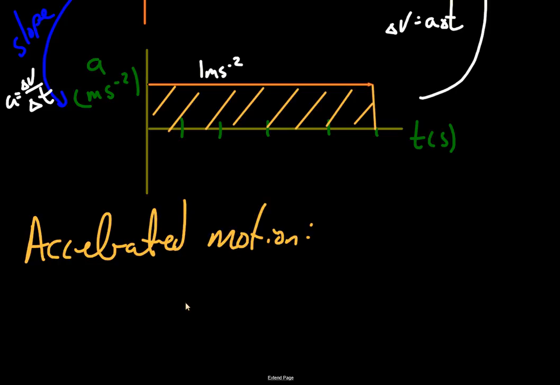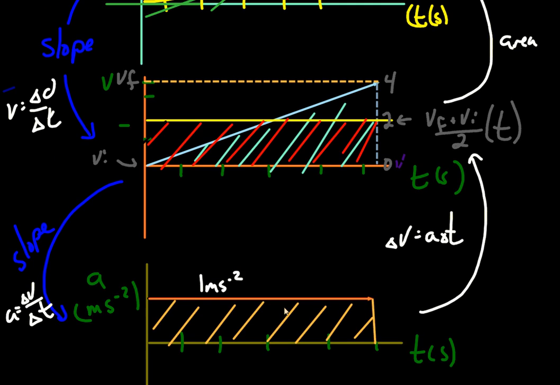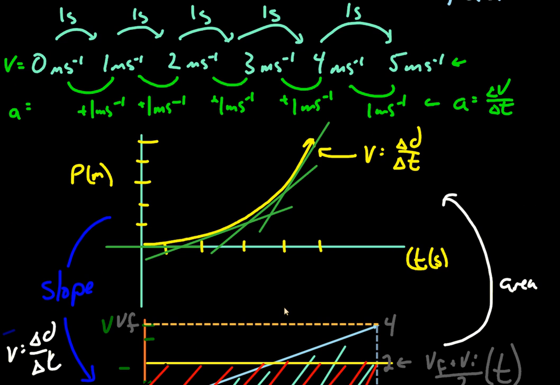So for accelerated motion, if we want to find the displacement change, delta d, we have to do it differently. We can't just say velocity times time because we have a changing velocity. So what we say is Vf plus Vi, we divide it by 2, and then we multiply that by time. So this is the change in displacement.